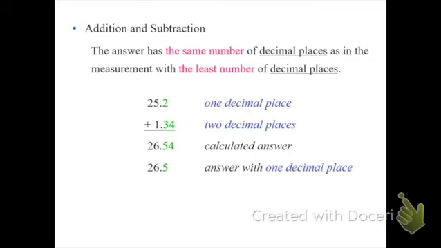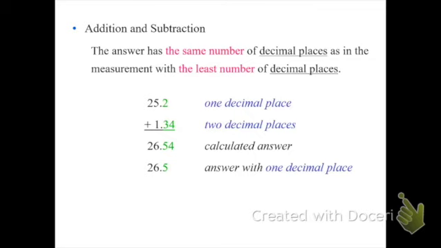So for example, 25.2 plus 1.34. We're going to count the number of decimal places. The first one has 1 decimal place. Notice that we're not counting the sig figs. If we were counting sig figs, the first one would have how many? 3. But we're not even looking at sig figs. We're looking at decimal places. So the first one has 1 decimal place.